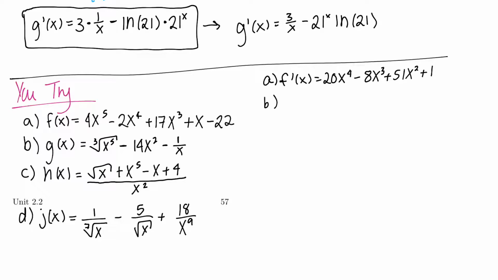For part B, you are going to need to rewrite it first. So if we do g of x, the cubed root of x to the 5th is x raised to the 5 over 3, minus 14x squared. And then 1 over x is the same as 1 over x to the 1, so this is minus x to the negative 1. And then we can differentiate.